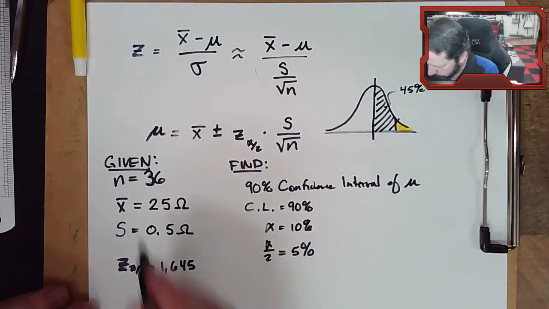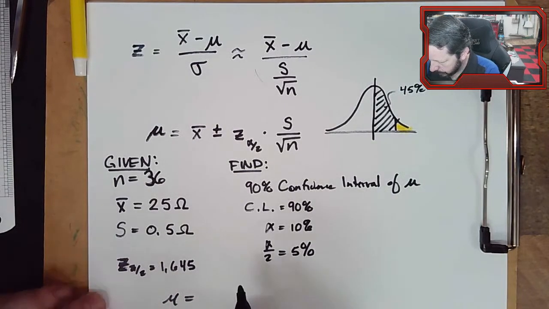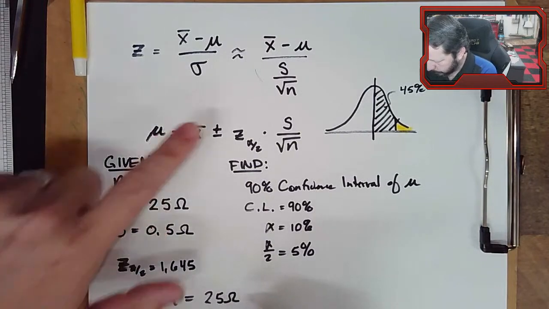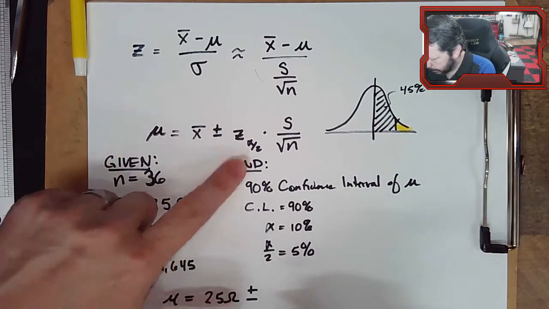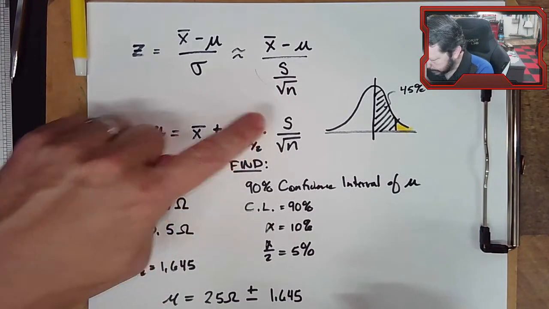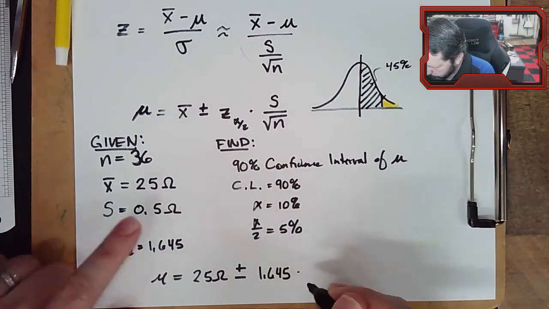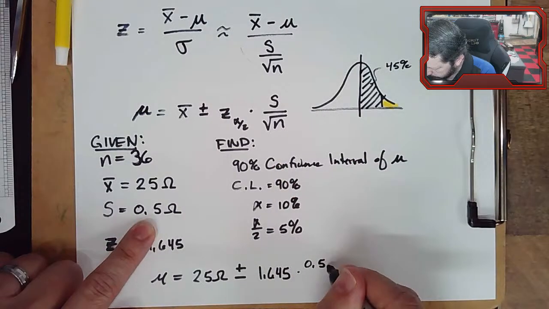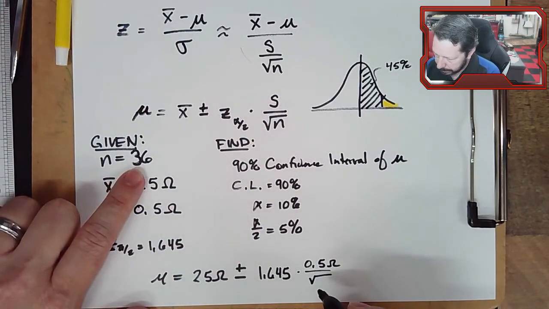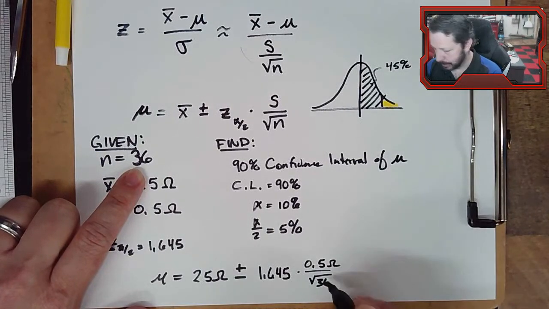The population mean equals X bar, which is 25 ohms, plus and minus Z alpha over 2, which is 1.645, times the standard deviation, which is 0.5 ohms, divided by the square root of n. We made a nice 36 here, so that will make it easy to do 6.